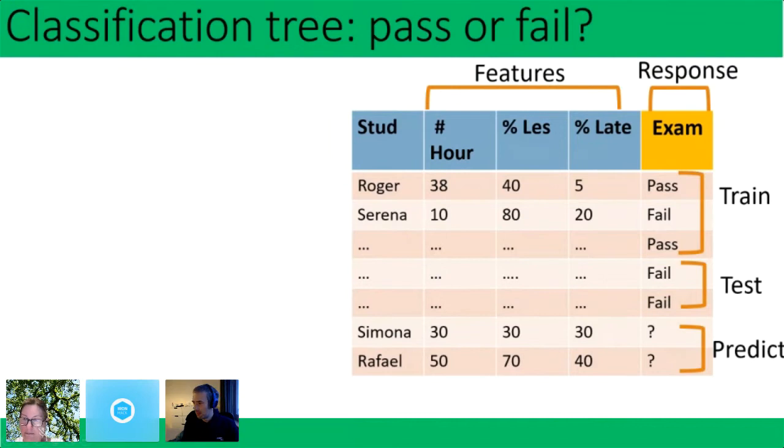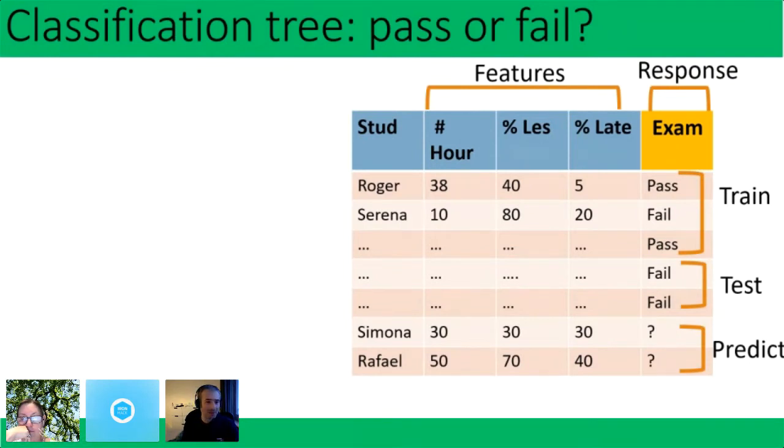In this example, the data are shown in the table on the right part of the slide. For example, the number of hours that the student could study to complete the course, the percentage of lessons that the student could follow, and the percentage of times that the student was late.